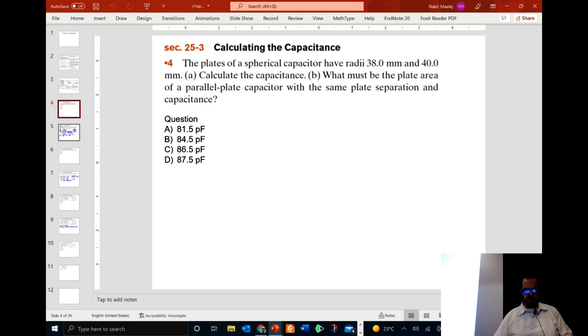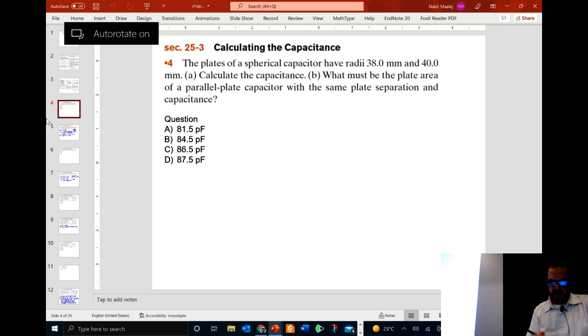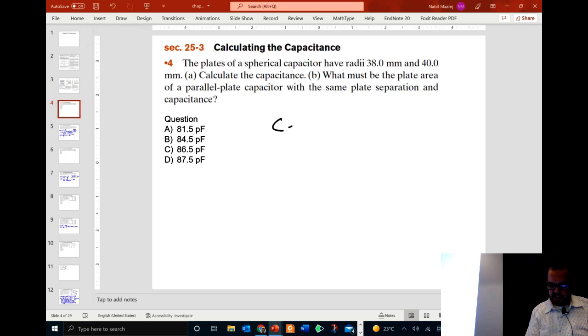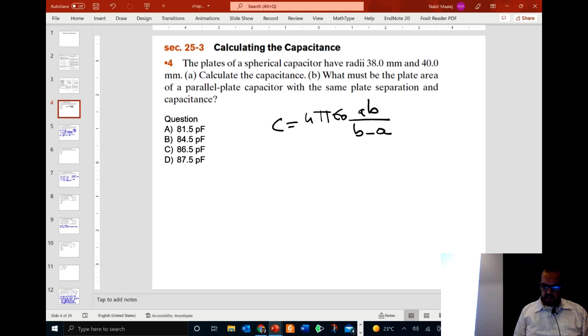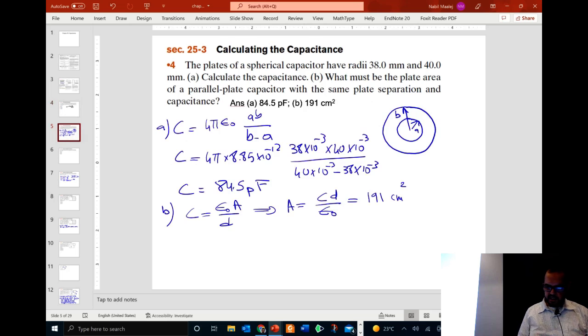Capacitance C is 4 pi epsilon 0 AB divided by B minus A. You have to be careful. The distances are given in millimeters, so you have to convert them to meters and do the calculation. So you find, in this case, it's going to be equal to 84.5 picofarads.